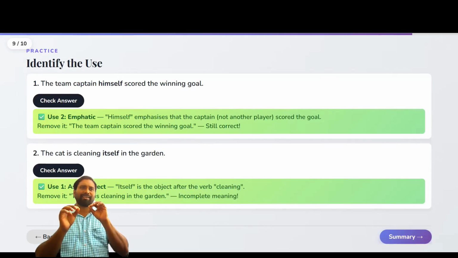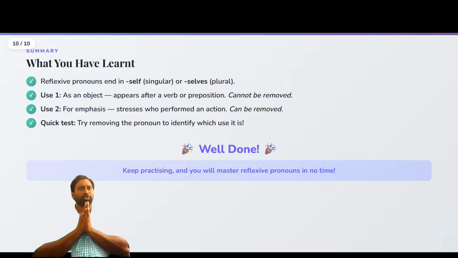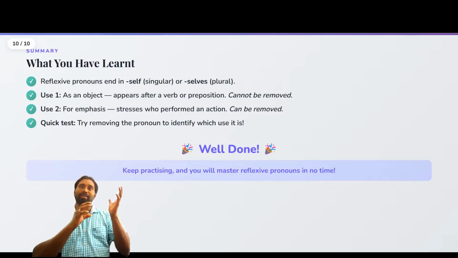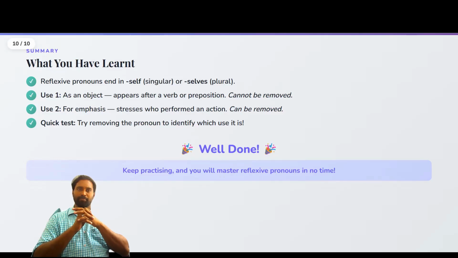But wait, let's wrap this up with a quick summary. Okay, children, this is a quick review of what we just learned today. Look at point one. Reflexive pronouns end in self when they are singular. They end in selves when they are plural. Second point.